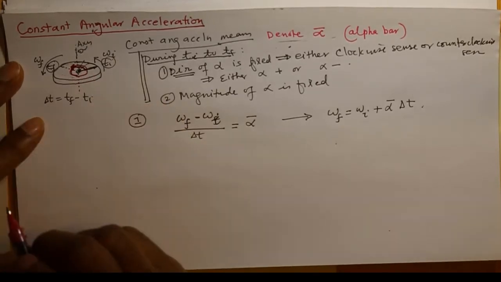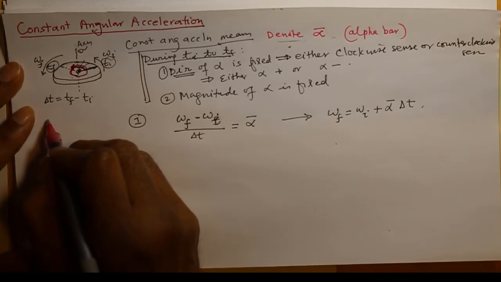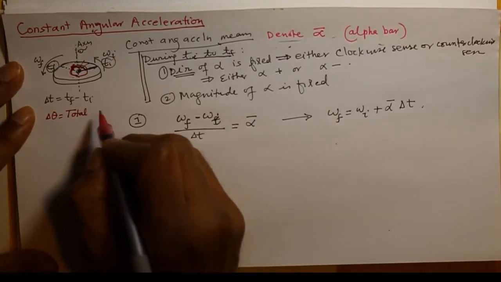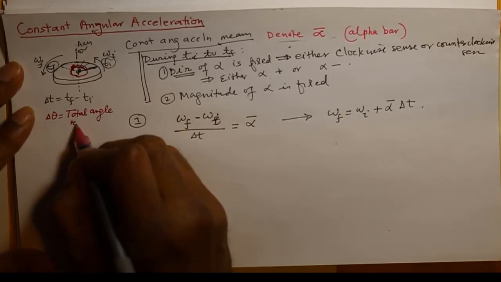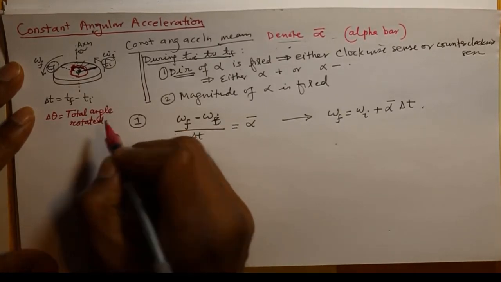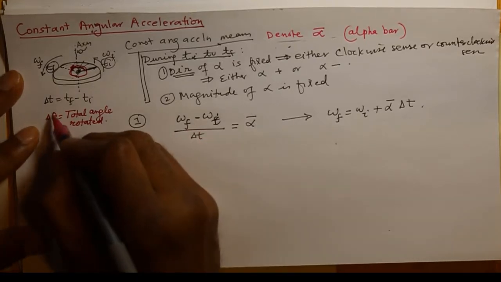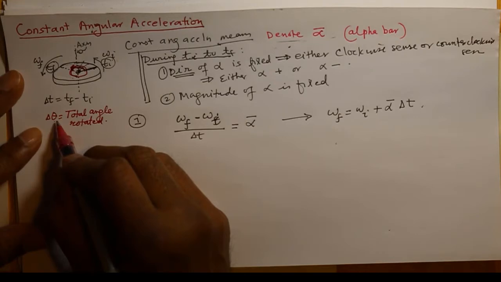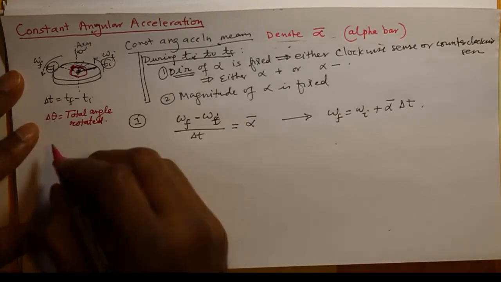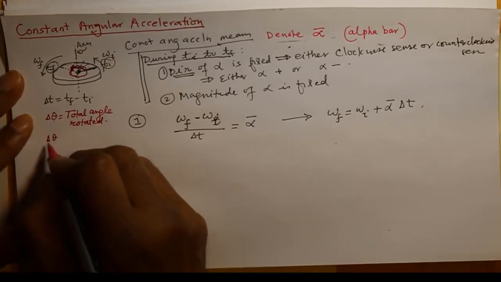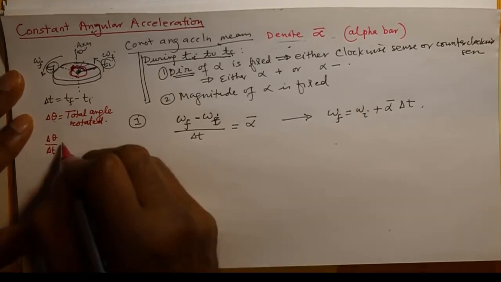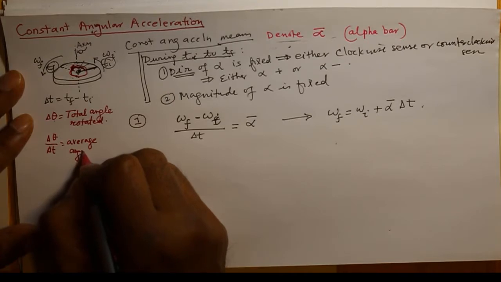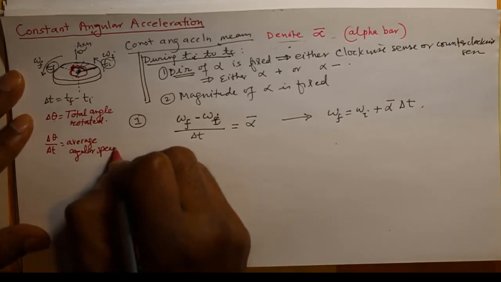So let's see, delta theta is the total angle rotated. If I look at delta theta over delta t, that's going to give me the average angular speed, so to say.